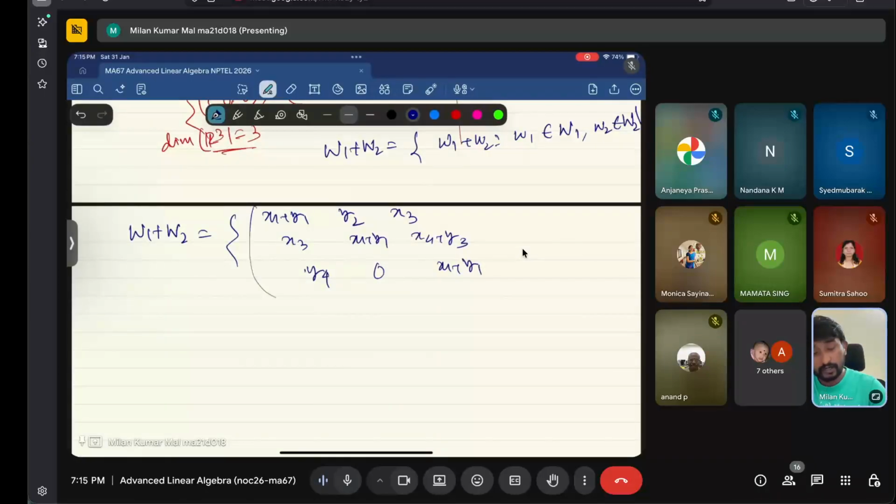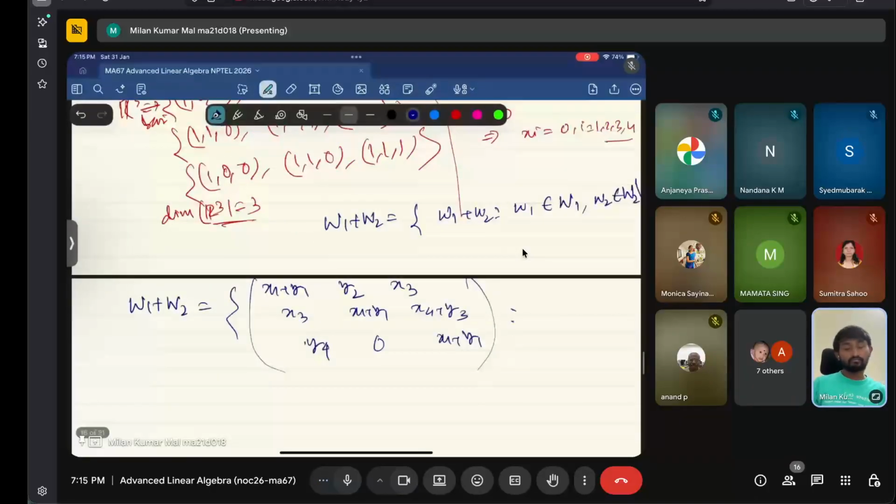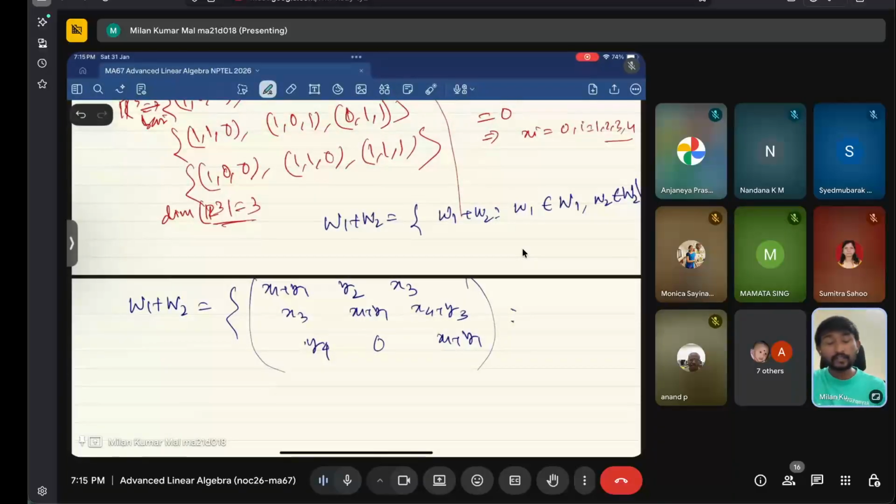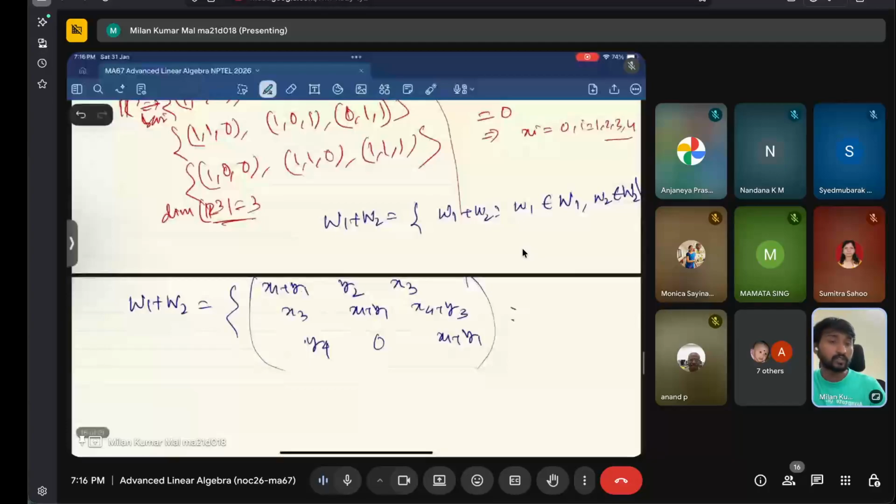This is what it is. x1, y1, x2, y2, x3, y4 can be any entry, everything is a real number. But what is the dimension of this space? This is the important question. Interestingly, the dimension of this space is again 4. Why? Because they are the same term, they will be considered as contributing 1.